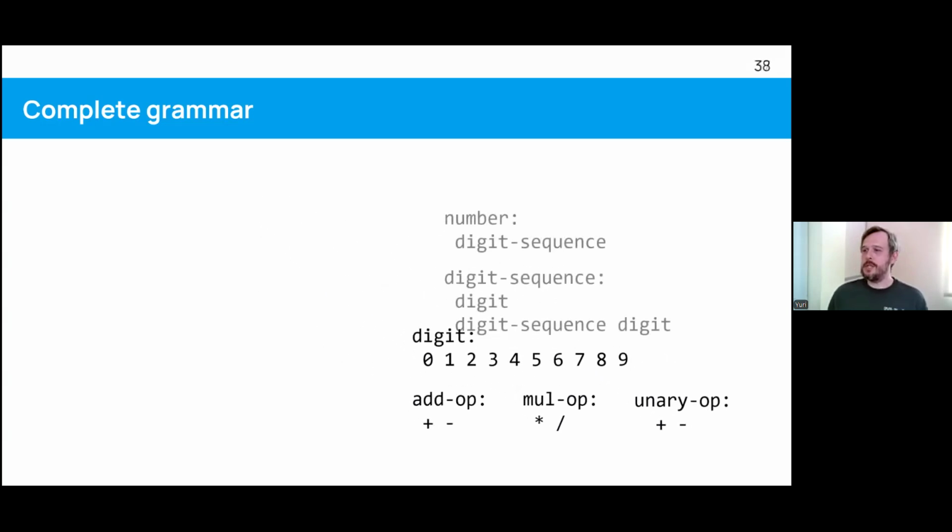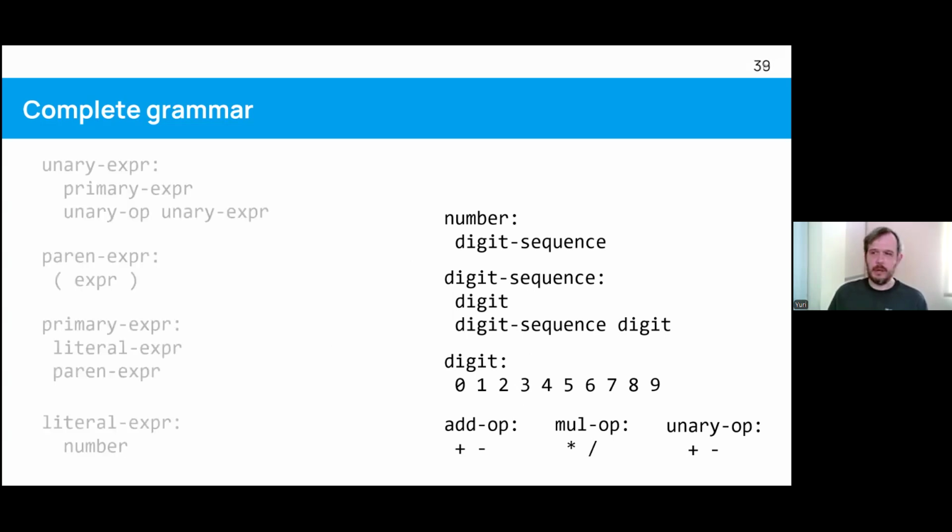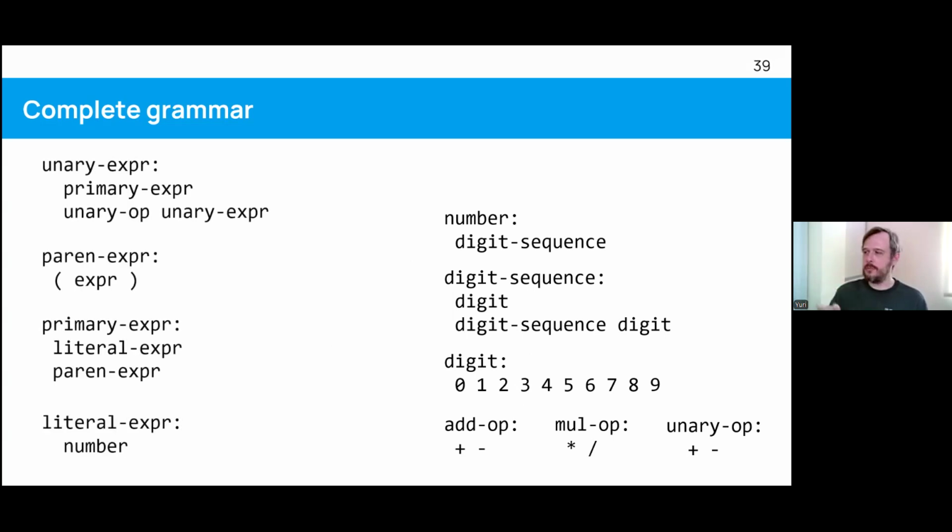And our digits can be combined into sequences, which mean numbers. And our numbers are literal expressions, and literal and paren expressions are combined into primary expressions.